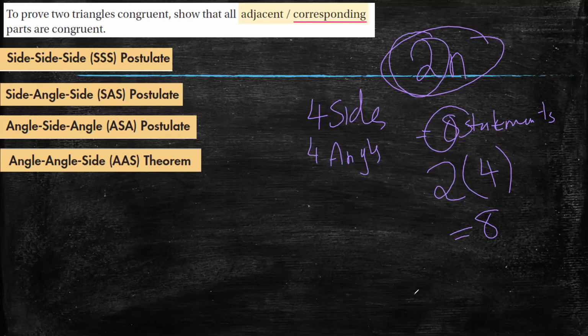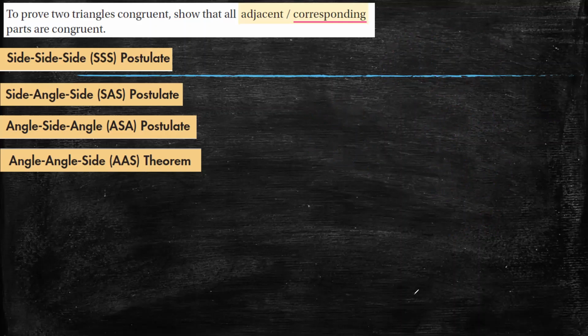Another example. If you have two hexagons, and I ask you how many statements you have to write to prove that these two hexagons are congruent, I will use this rule, 2n. That means how many sides for the hexagon? Hexagon has 6, times 2.